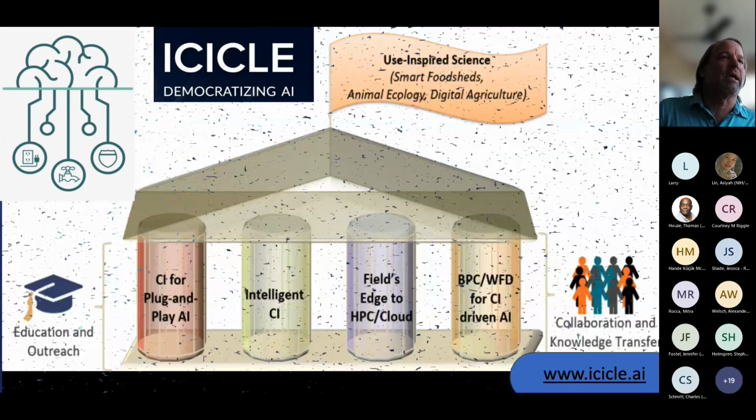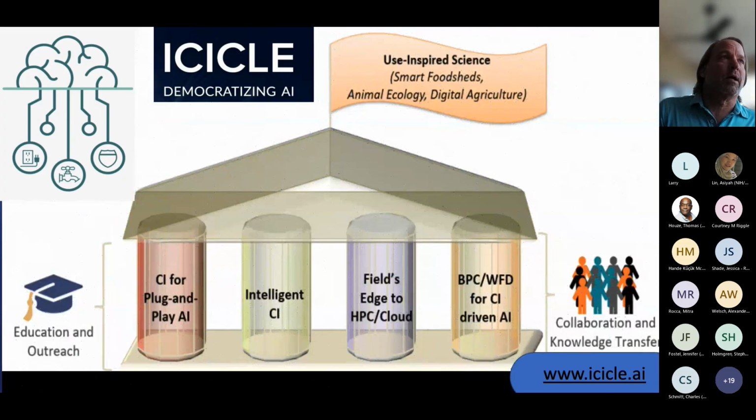And we're part of Icicle AI, which is a new NSF AI institute devoted to cyber infrastructure and to making that cyber infrastructure available in order to democratize AI, to bring AI to people who would not otherwise have access to AI, in the same way that we can bring electricity or the internet.